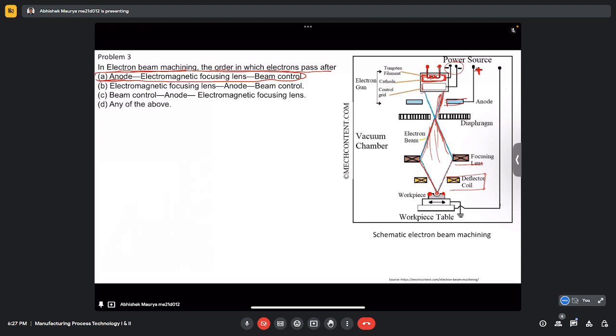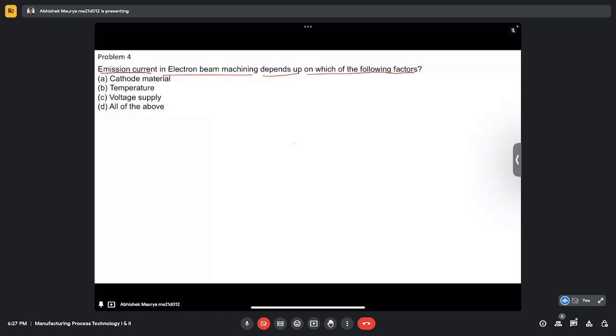Cathode material is basically a material which has a low work function. So this is the tungsten filament, this is the cathode, and here we are giving a negative voltage, and after that we have the anode.